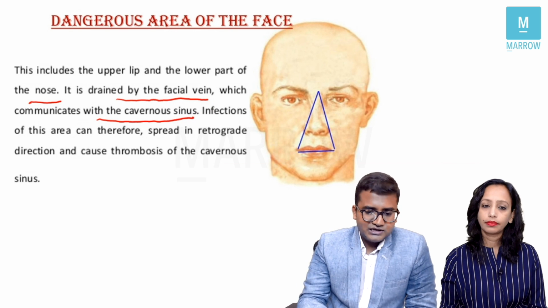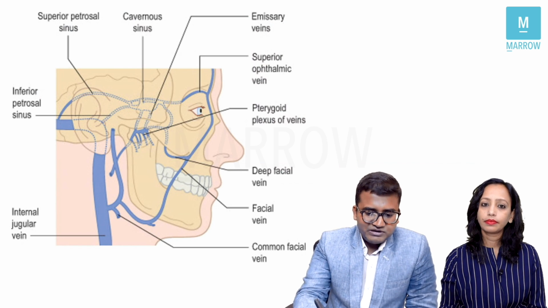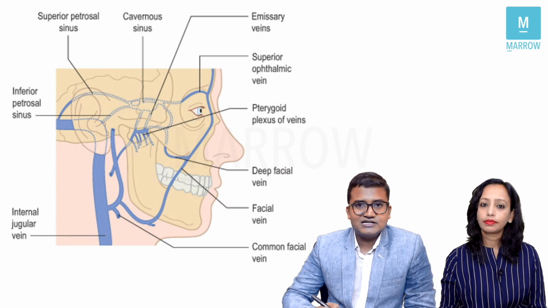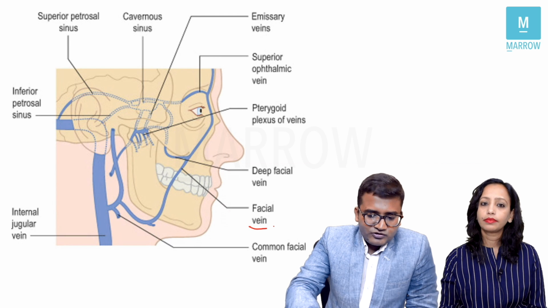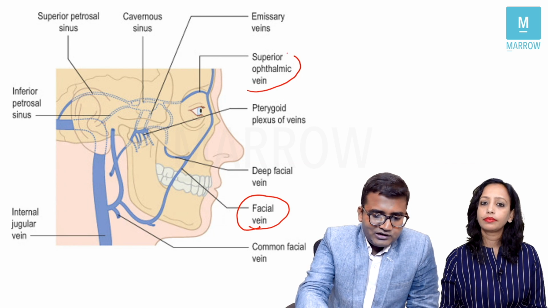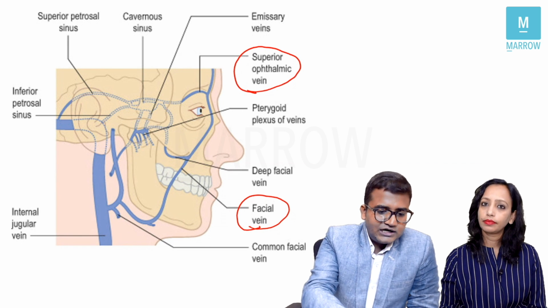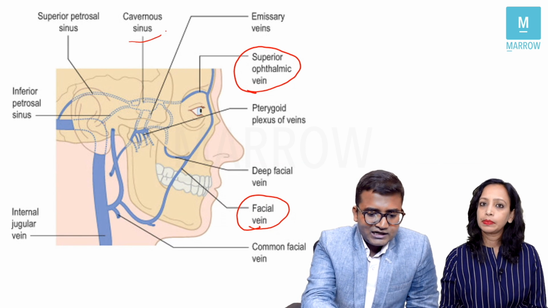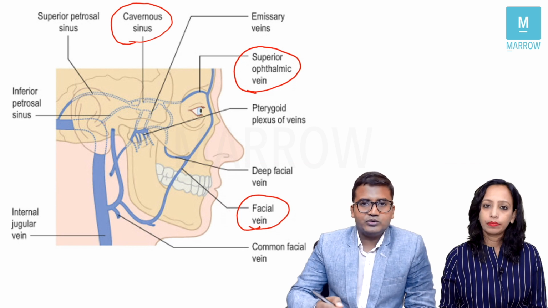Now what is the route, sir? Now we have the connection between the facial vein and the cavernous sinus. Now we have two routes of communication. One is facial vein and then angular vein and then superior ophthalmic vein, which is a tributary and the communicating channel to the cavernous sinus. This is one route.